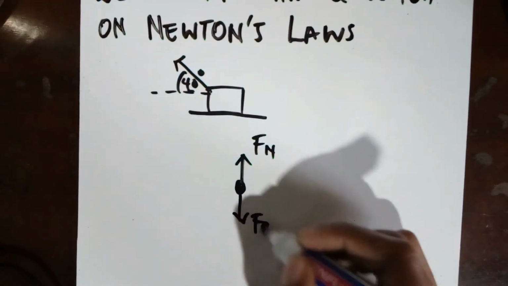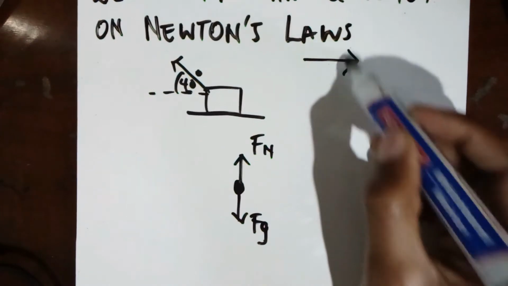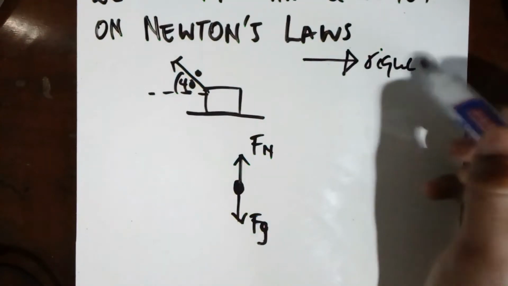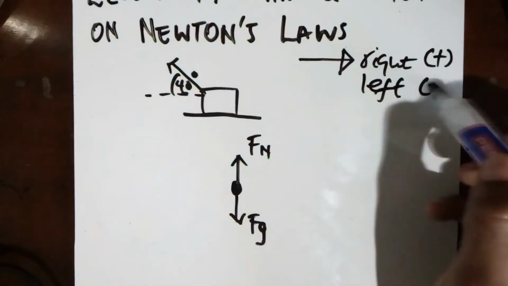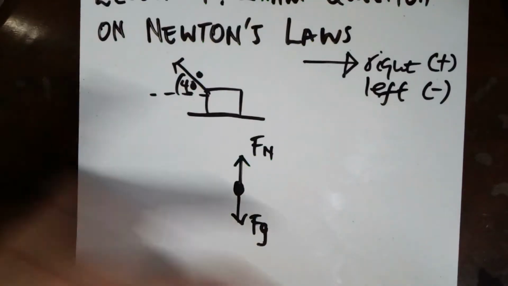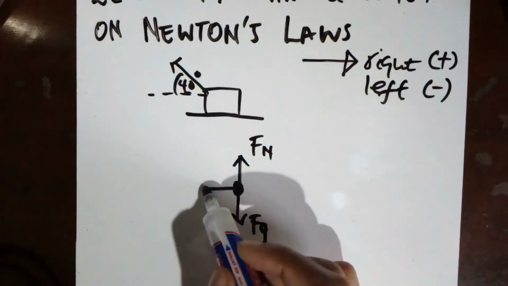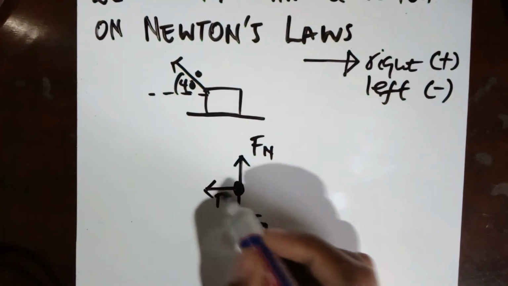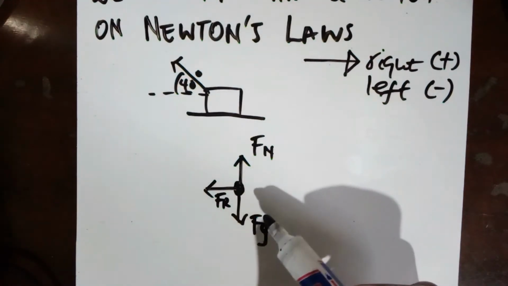We call that Fg. They said that the object is moving to the right, and we can take right as positive and left as negative. If it's moving to the right, it means friction is in this direction, in the direction opposing motion. So that's Fr, and then what else?